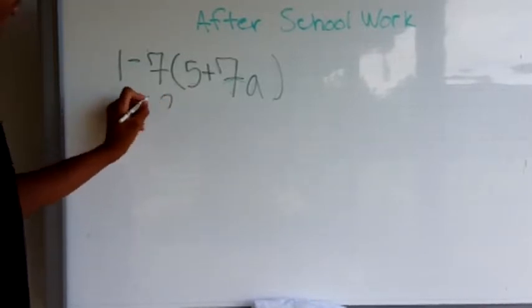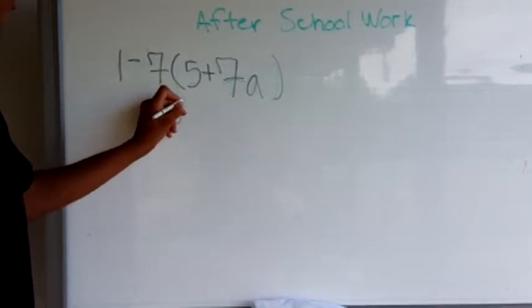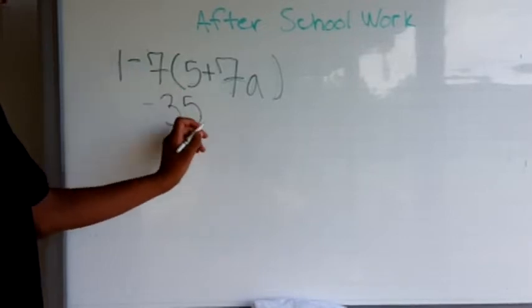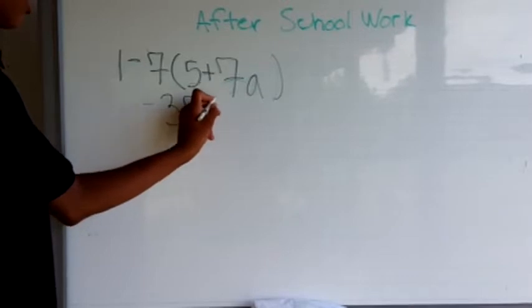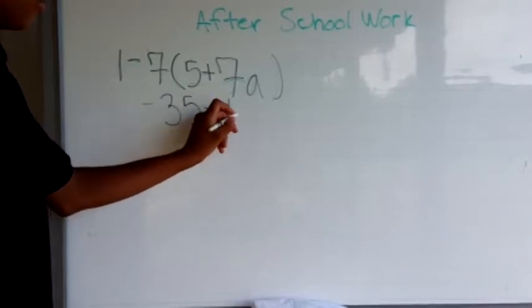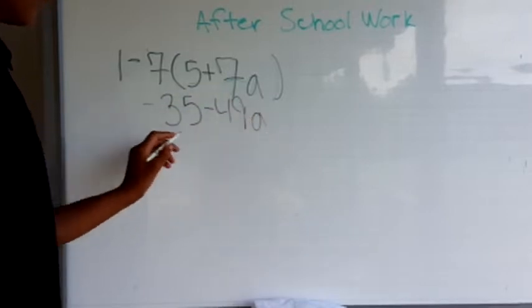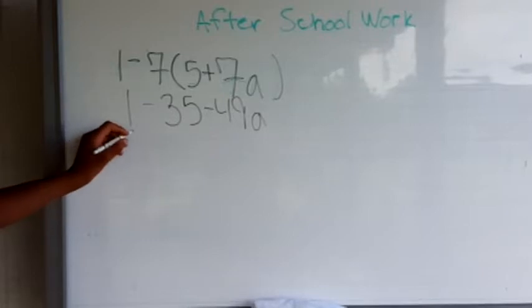Negative 7 times 5 equals negative 35. And then you do negative 7 times positive 7, which equals negative 49. And there's an a behind the positive 7. So it's negative 49a. And so now it's 1 minus 35 minus 49a.